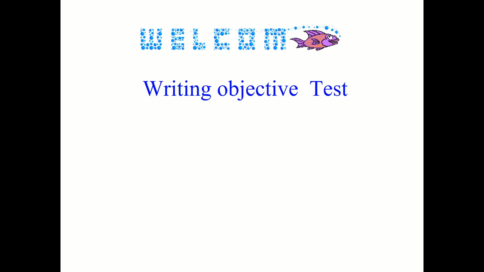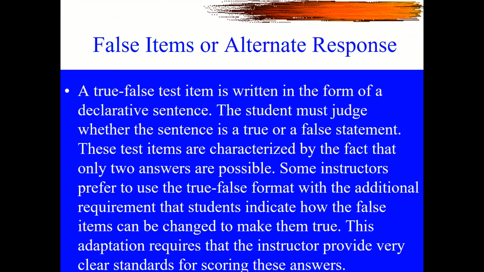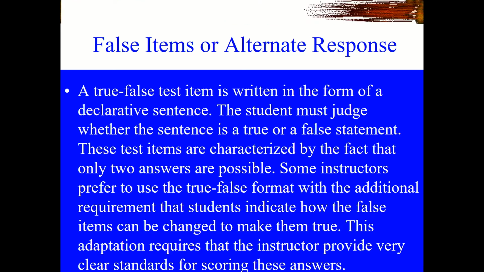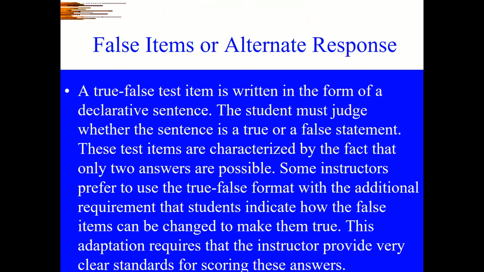Okay, good day everyone. So we are going to wrap up what we have discussed last time about writing objective test. So we'll start with the true or false test, or another name, it's the alternate response, or some call it a dual response test.